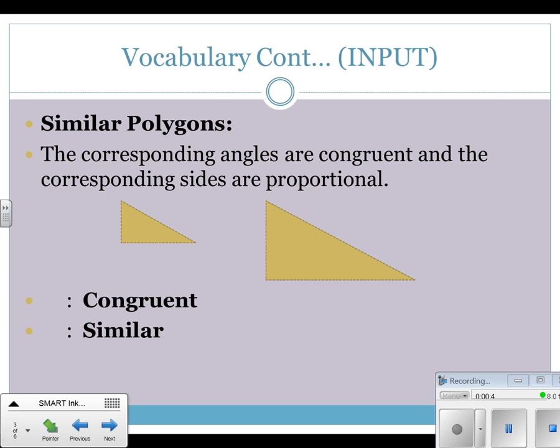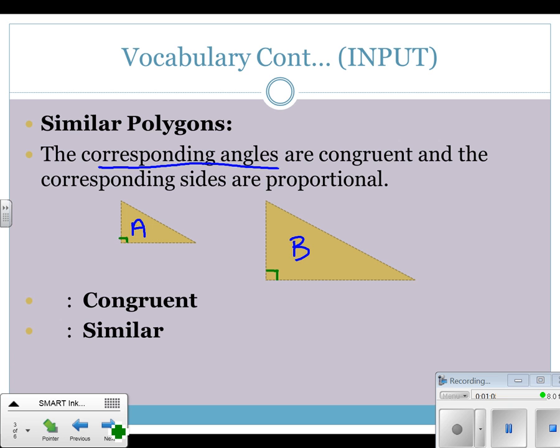So we'll first look at corresponding angles. If I'm looking at triangle A and triangle B, corresponding angles are the matching angles. So this angle right here in A matches this angle here in B, and they are congruent. They're the same.